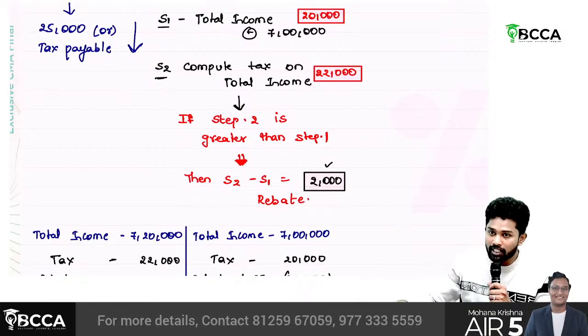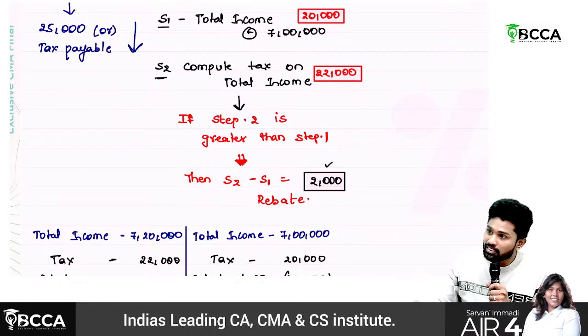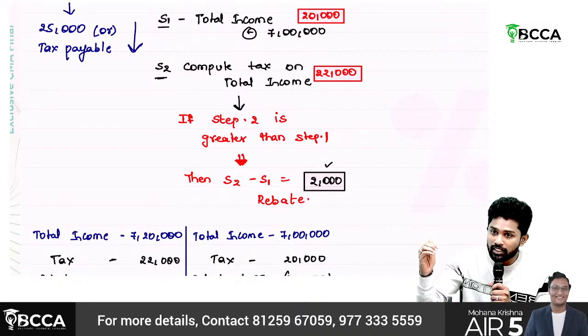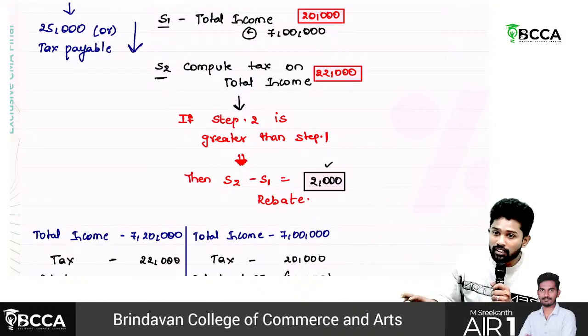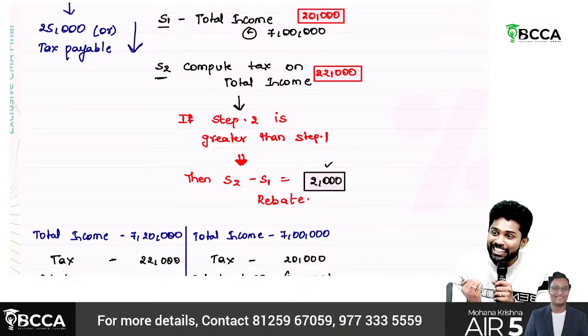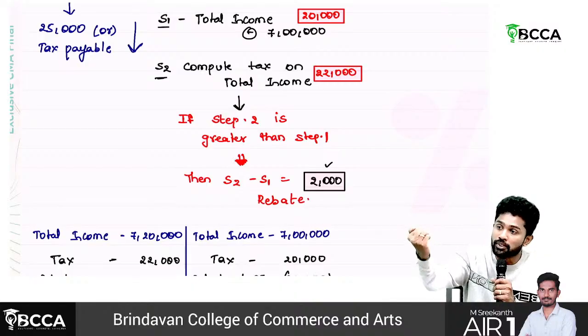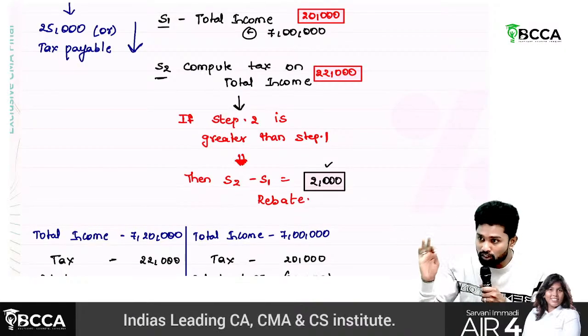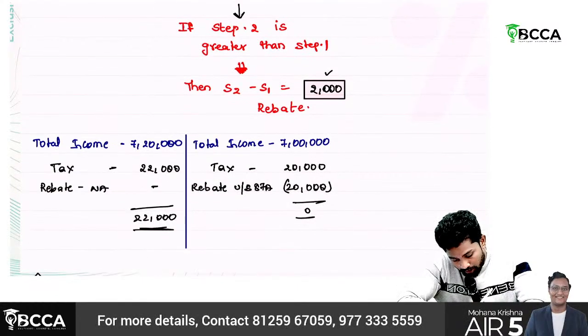Even if your income exceeds 7 lakhs, you are still eligible to get rebate. The rebate amount is the difference between the tax liability and the excess of your total income over 7 lakhs. Here 2,000 is the rebate available. The incremental tax is restricted to that of incremental income. That's the logic here.